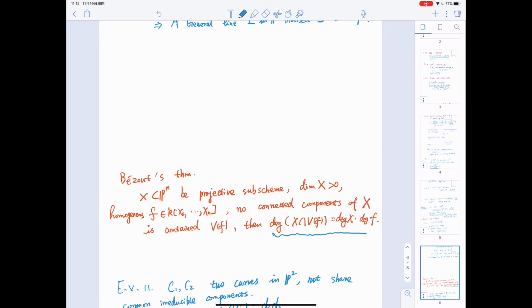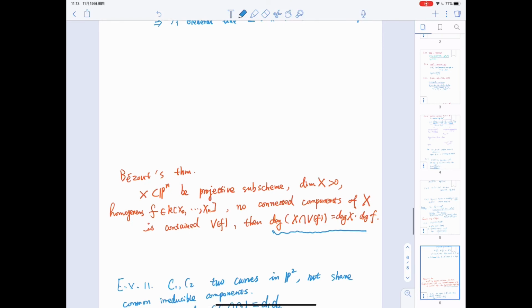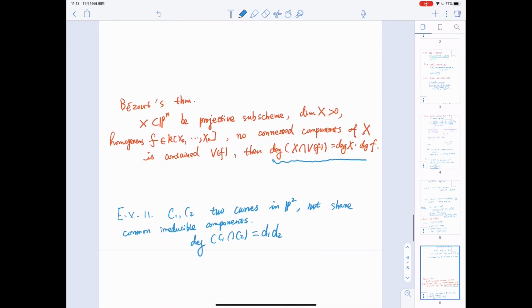The classical application of Bézout's theorem is to describe the number of points of intersection of two curves in the projective plane P2. The most well-known case is the following example. Let C1, C2 be two curves in P2 defined by homogeneous polynomials of degree d1 and d2. Assume in addition that C1, C2 do not share a common irreducible component.